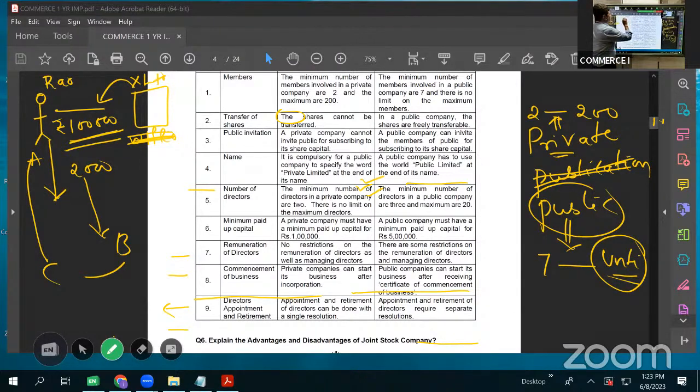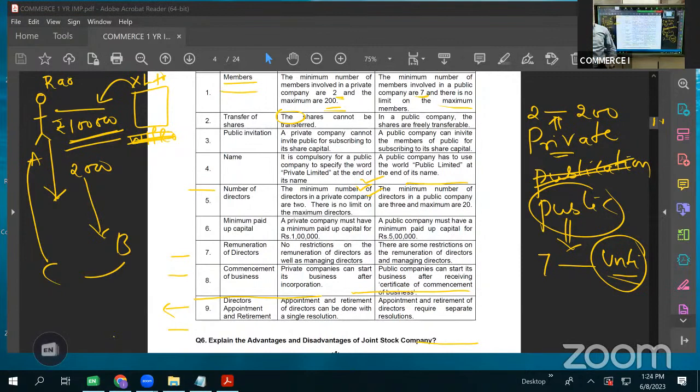It is regarding members. The difference in membership in case of a private company and a public company. A private limited company can have 2 members as minimum and 200 as maximum. Whereas a public limited company has to have 7 members as minimum, and for its maximum there is no limit.